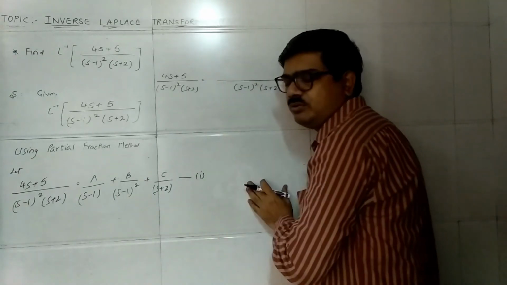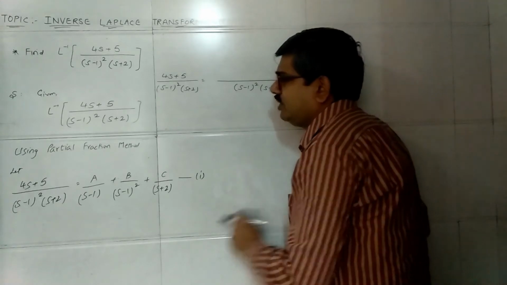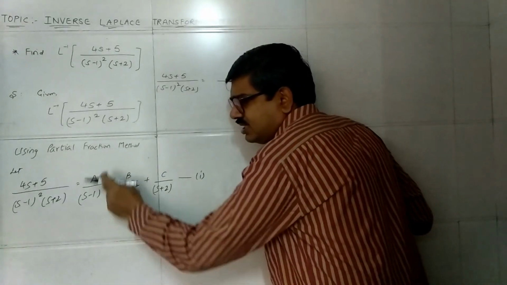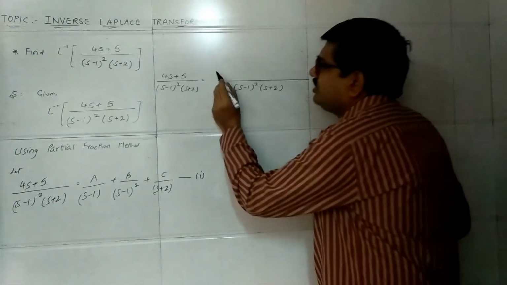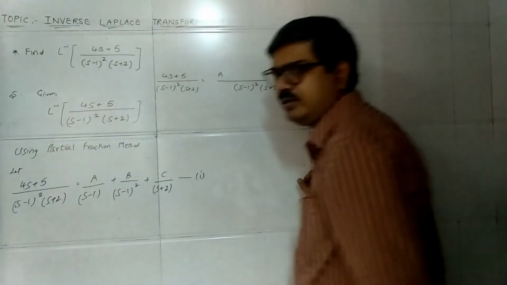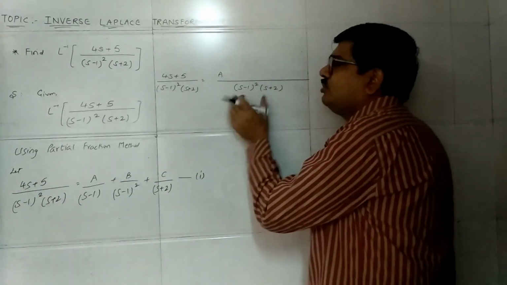Now what you have to write in the numerator? How you will find the numerator? See carefully. First of all, consider the first fraction. What is there in the denominator here? S minus 1 is there. First write A. Here s minus 1 is there. What you have to do?